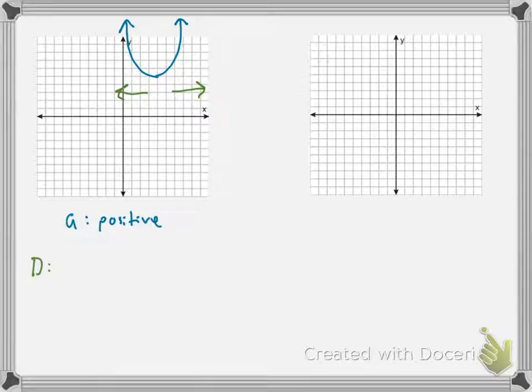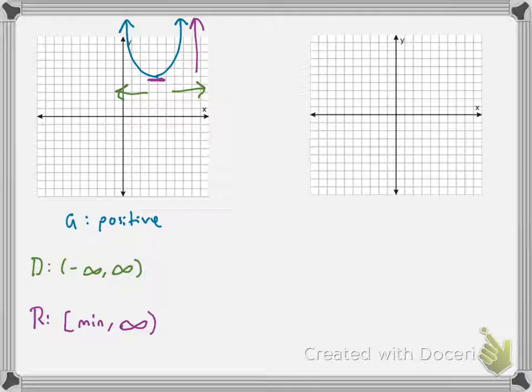So my domain for all of these graphs is going to be all real numbers, or from negative infinity to positive infinity. But when I look at my range, my lowest point is going to be my min, and in the example that we just saw, as I go up higher, I'm just going to keep going and going and going until infinity.